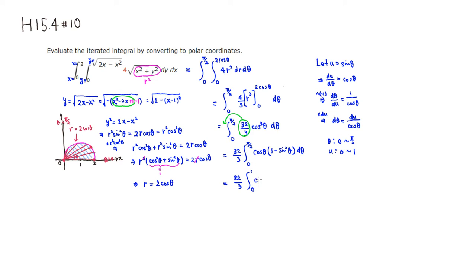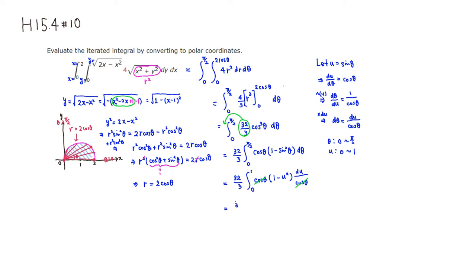And I'm going to leave cosine of theta right here. Then we have 1 minus u squared, since u is sine. And d theta is equivalent to du over cosine of theta. So you can see that we can cancel the cosine of theta on top and the cosine of theta on the bottom.